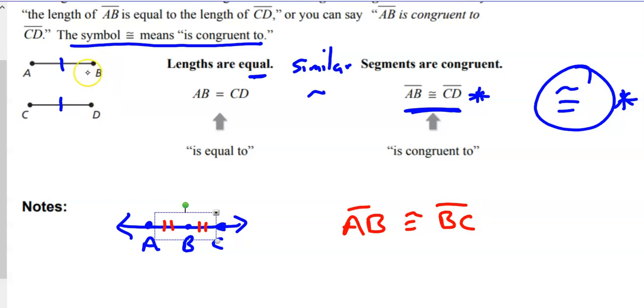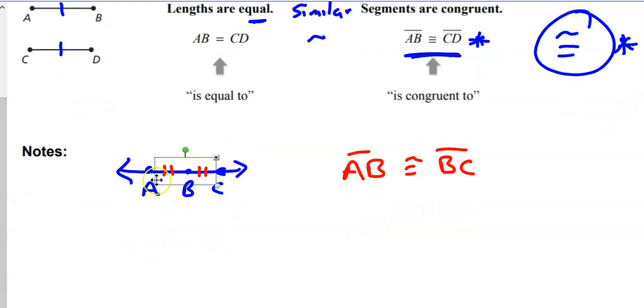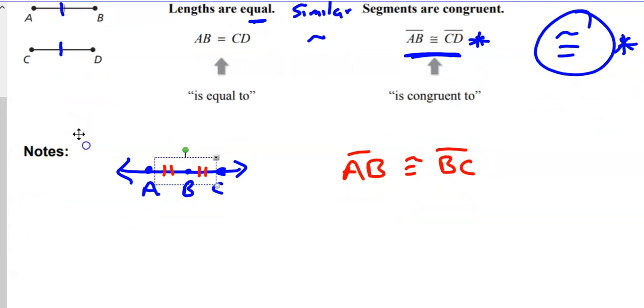I don't have to have 2 separate diagrams. It could be on the same one. Notice I'm pulling segments off of this diagram, a segment off of this entire line. I could also have another example here.